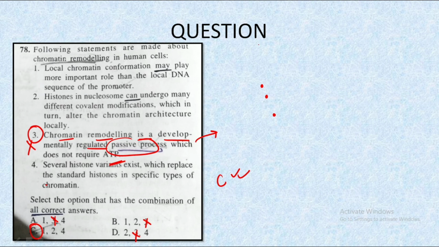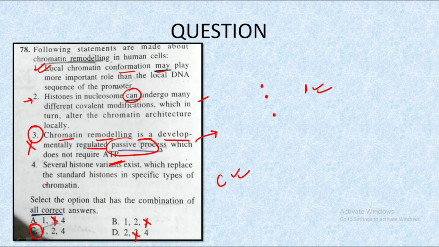So the other 3 options: the local chromatin conformation may play a more important role than the local DNA sequence of the promoter. This is a correct statement, hence option A is correct. Talking about the second option, the histones in the nucleosome can undergo many covalent modifications which in turn alter the chromatin architecture locally.